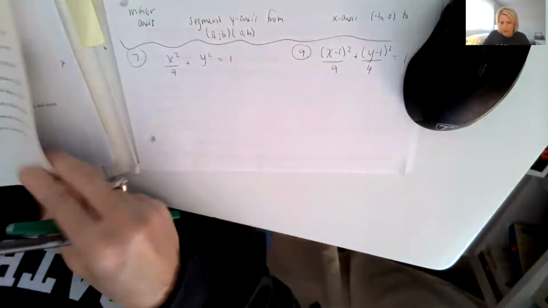So let's go ahead and you can turn in your book if you'd like to page 753, where the descriptions of the ellipse are when the center is at 0, 0.